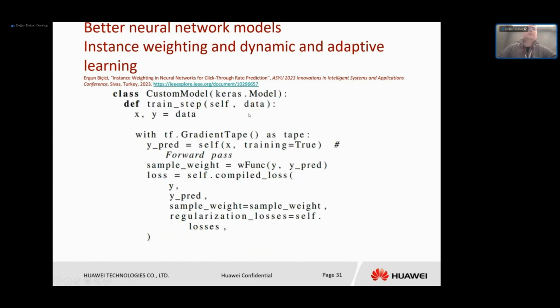To achieve this, we modify the TensorFlow implementation with a WFunc weighting function that obtains the weight for a given prediction, and this sample weight is used to update the compiled loss function.